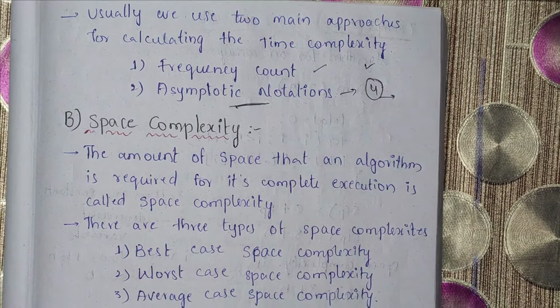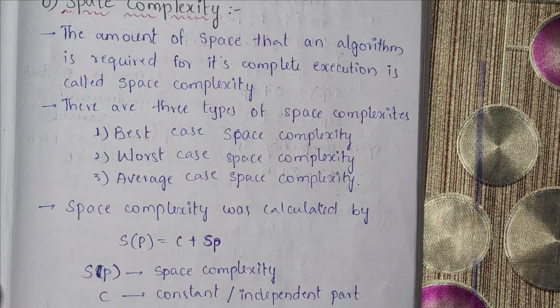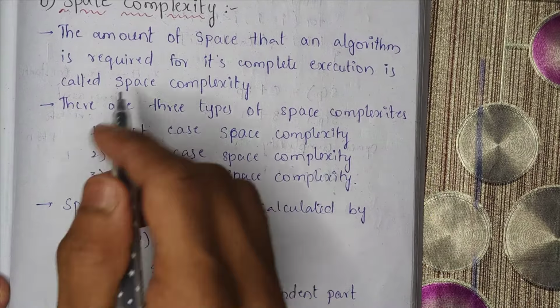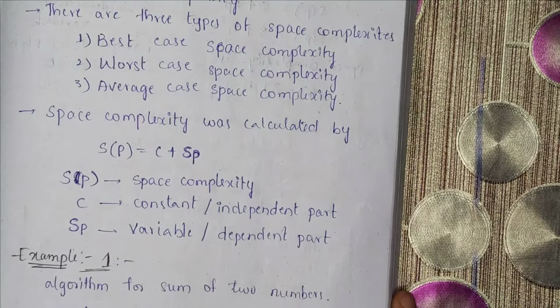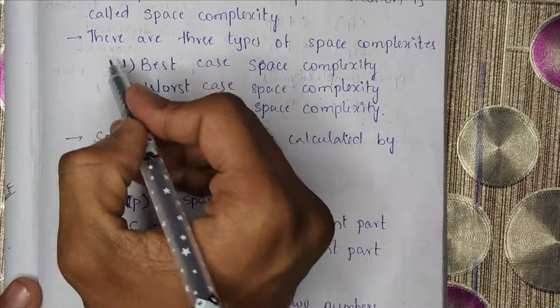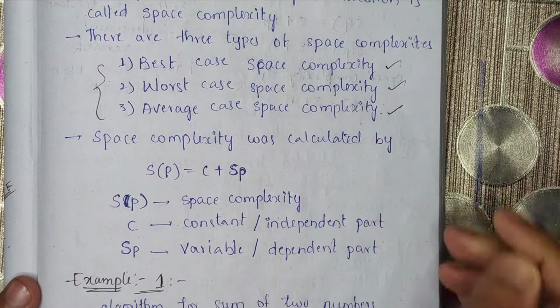Okay, now coming to space complexity. The amount of space that an algorithm requires for its complete execution is called space complexity. As with time complexity, we have 3 types of space complexity: best case, worst case, and average case.